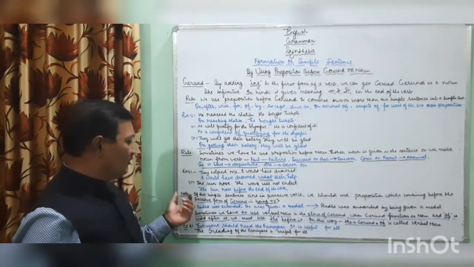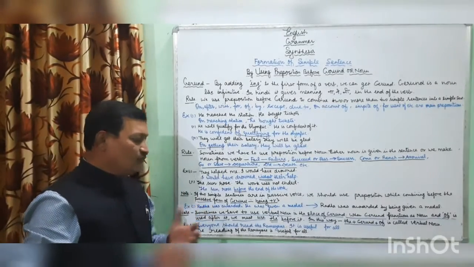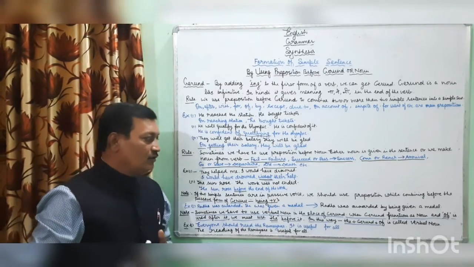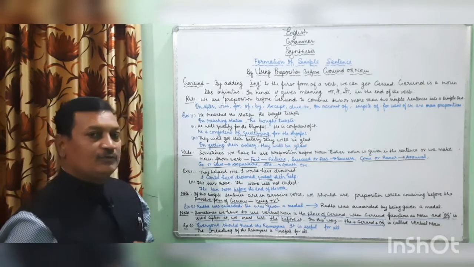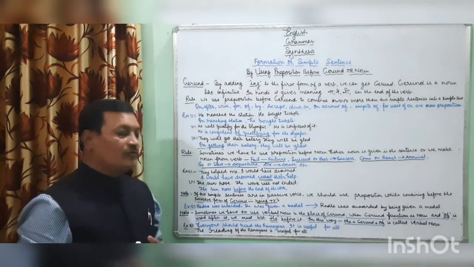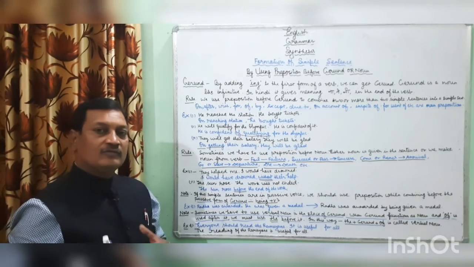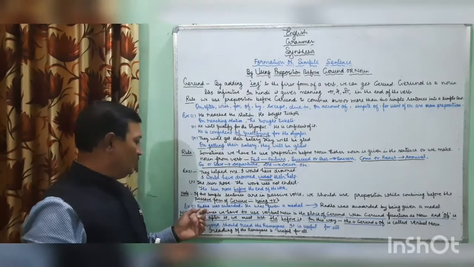Let's see another, let's see note, what the note says. If two simple sentences are in passive voice, we should use preposition while combining before the passive form of gerund, being plus third form of the verb. Let's see example.